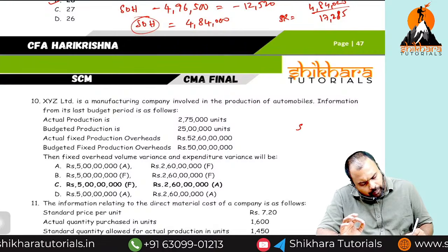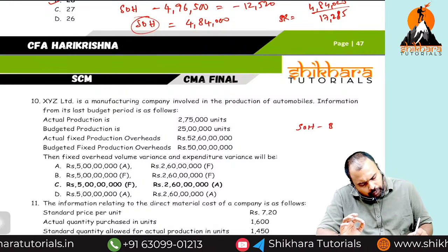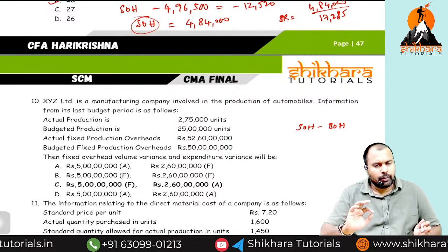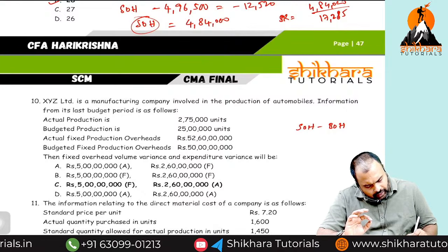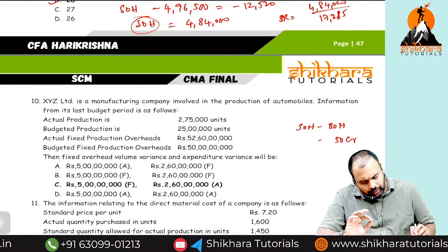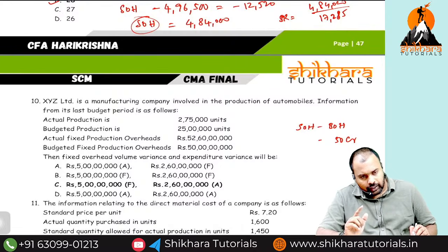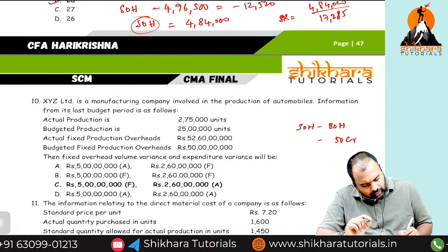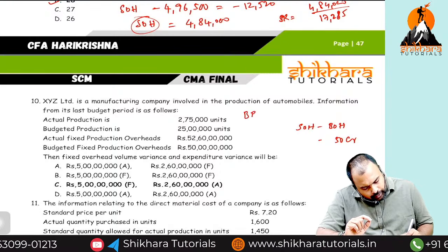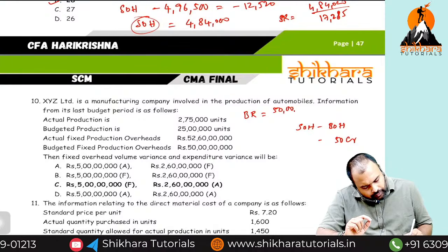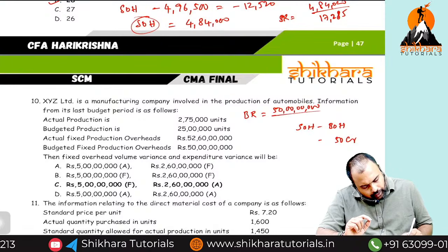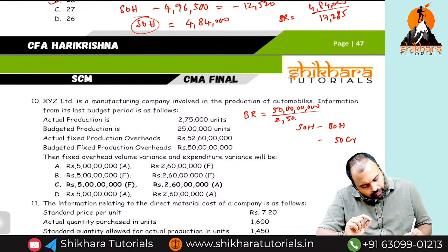Volume variance is nothing but SOH minus BOH, sir. BOH is already given as 50 CR. Then what should be SOH? SOH is always budgeted rate per actual production. First, let's find out the budget rate. What is BR? 50 CR divided by budgeted volume of 2,50,000.